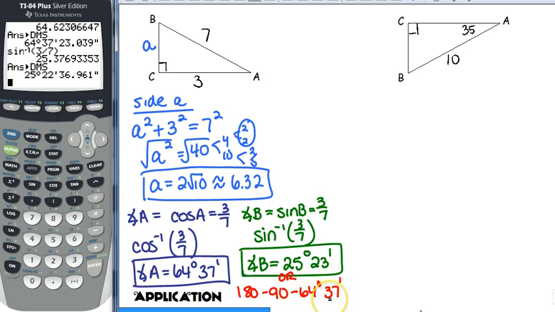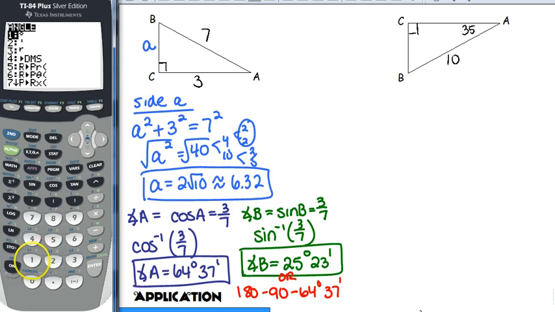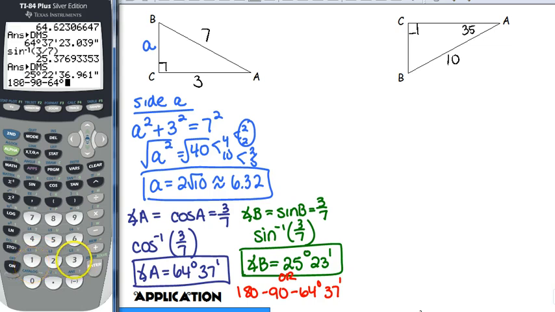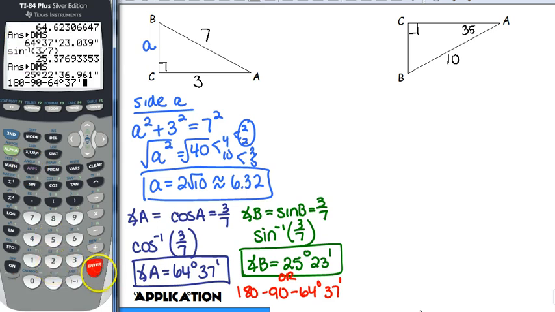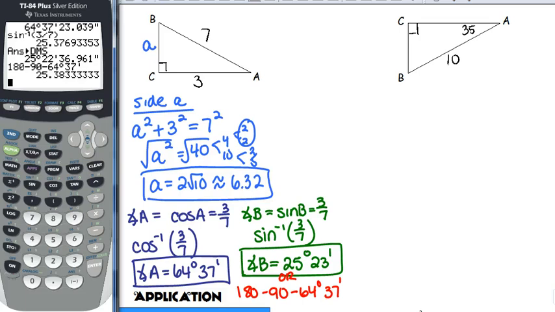Where these pieces are located, if I wanted to do that, we're going to go to the same place we go to DMS. Second apps, 1 for degrees, 37, second apps, we see 2 for minutes. And then we would have to turn that back into our DMS.